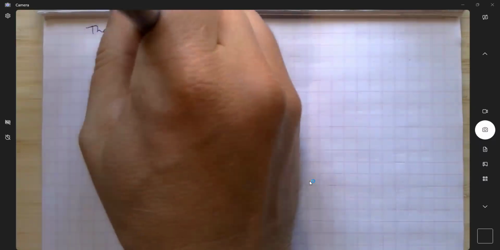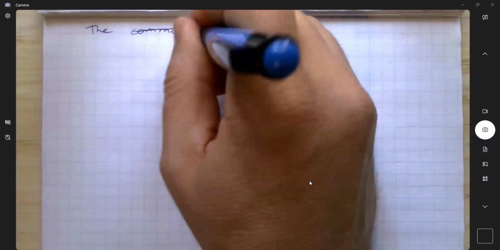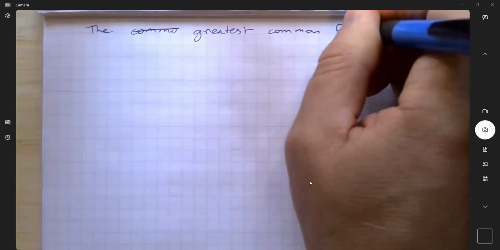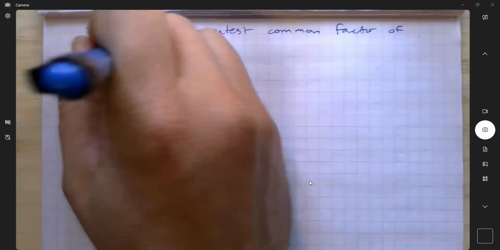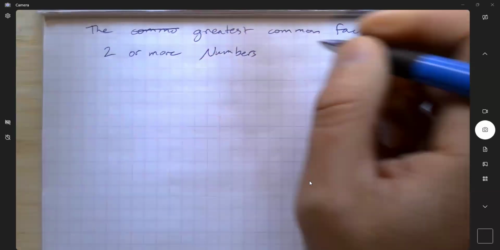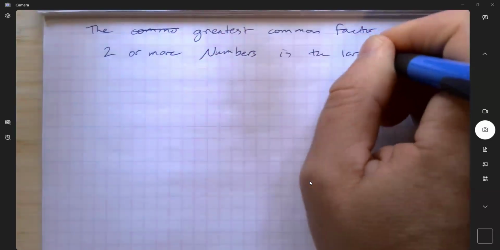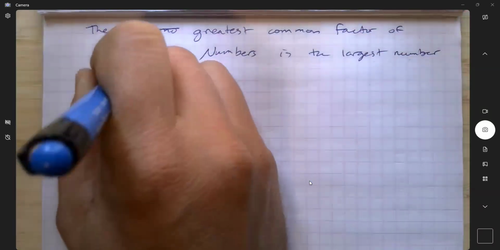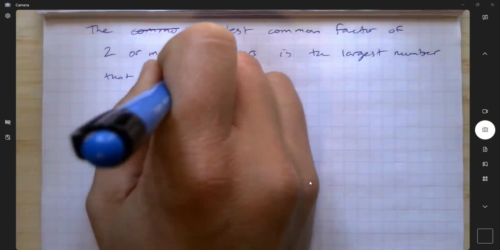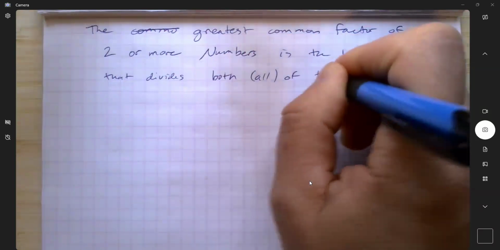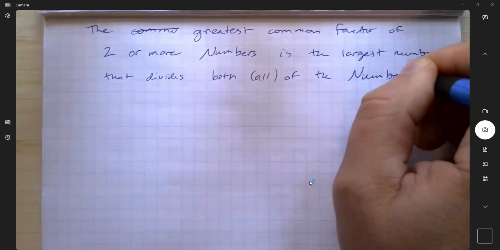So the greatest common factor of 2 or more numbers, capital numbers, is the largest number that divides both or all of the capital numbers.